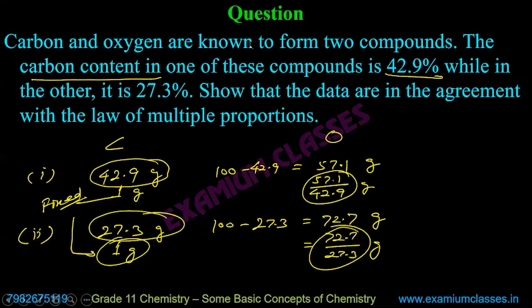Yes, Arjun, correct. You solve 57.1 divided by 42.9. You get 1.33.